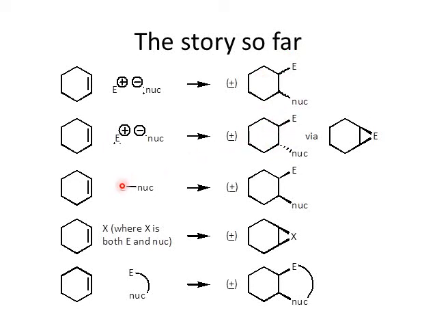We saw hydroboration, where the electrophile and the nucleophile were directly connected, and that gave us an addition product that involved syn addition, where electrophile and nucleophile came from the same face. Again, specifically, here I'm thinking about borane, where our electrophile was the boron and our nucleophile was a hydrogen. We've seen examples where one atom acted as both electrophile and nucleophile, and this all happens simultaneously, but still, pi bond reaches out to electrophile and nucleophile reaches back to the other end.